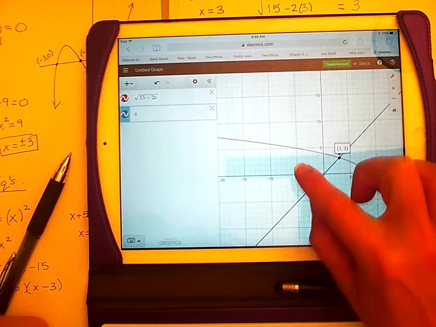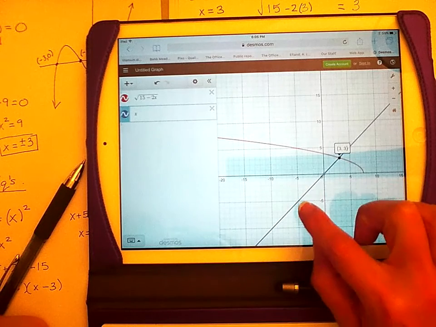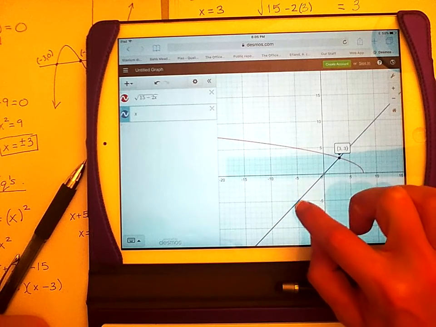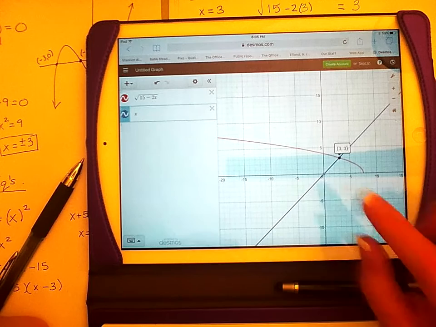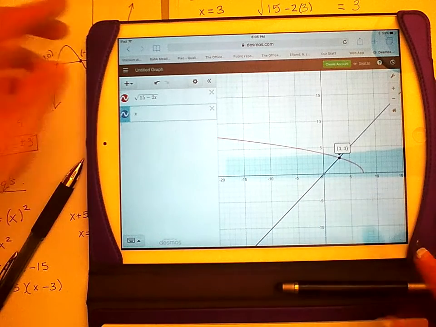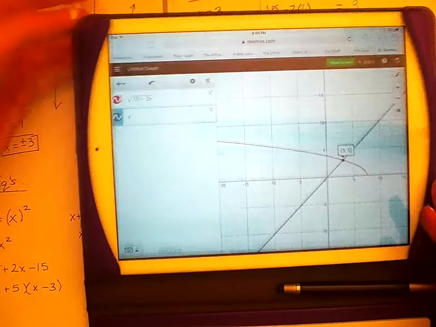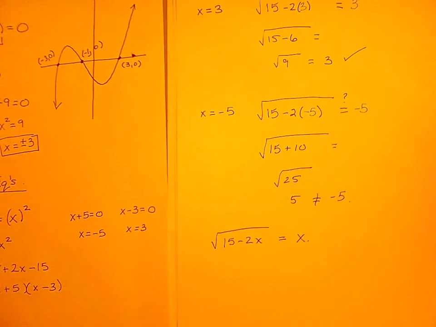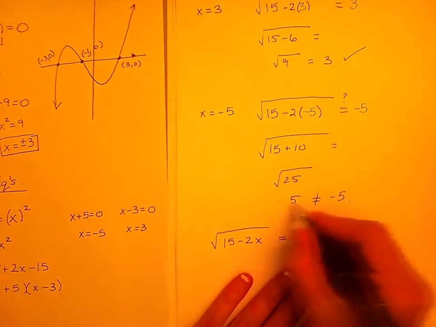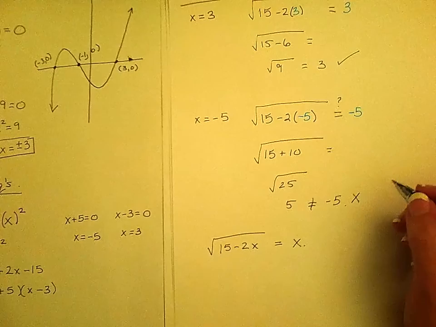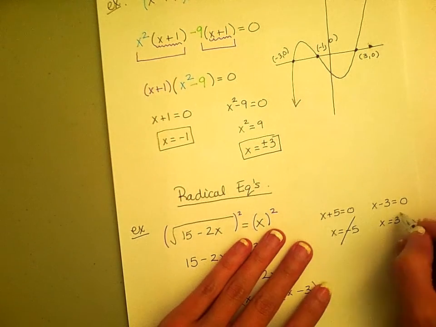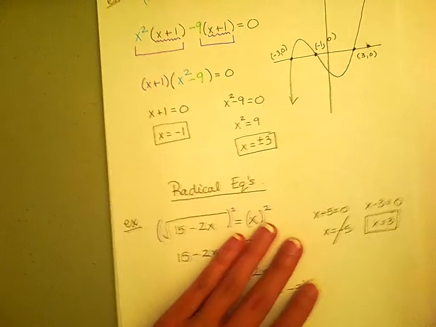We had thought that there might be a solution at x equals negative 5, but these graphs don't intersect there, so we only have one solution. We have to throw the other one out. So 5 does not equal negative 5, so our only solution then is x is equal to 3.